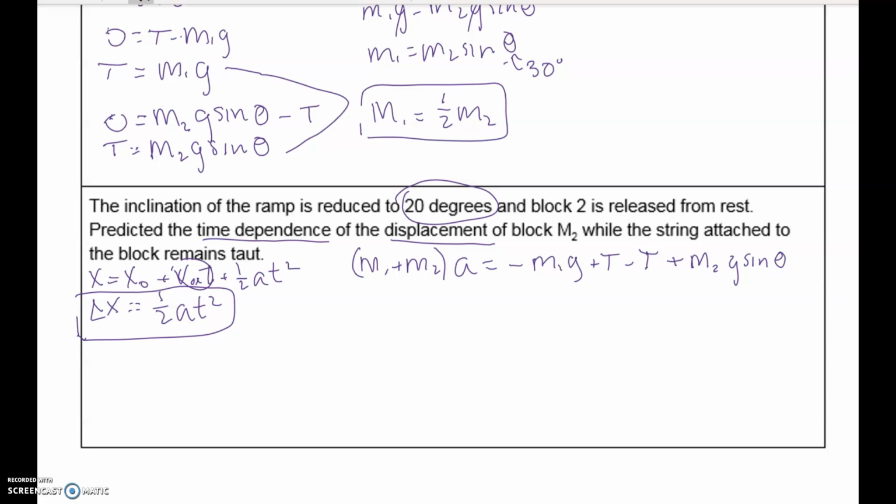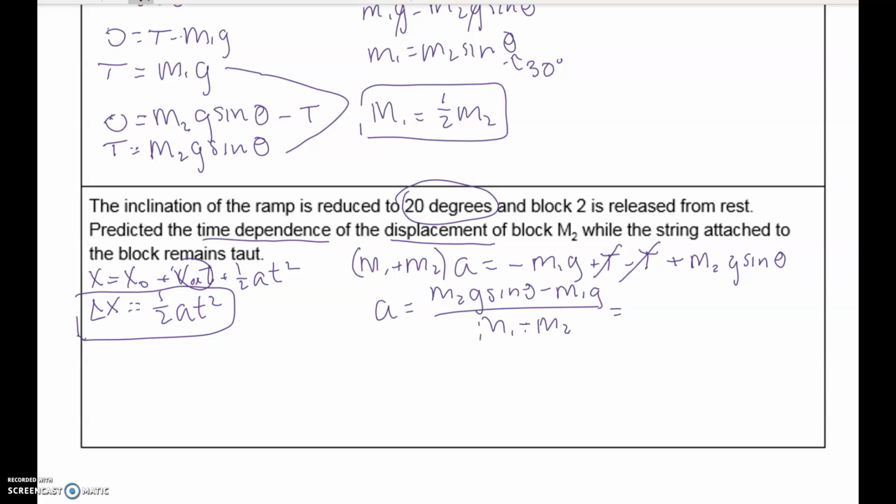Since we did this all in one step, we see here that my tensions cancel out, which is what we're hoping. So in the end, my acceleration is m2g sine theta minus m1g divided by the total mass, m1 plus m2. All right.